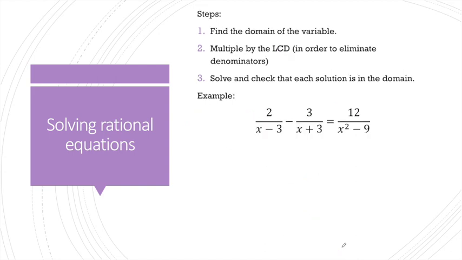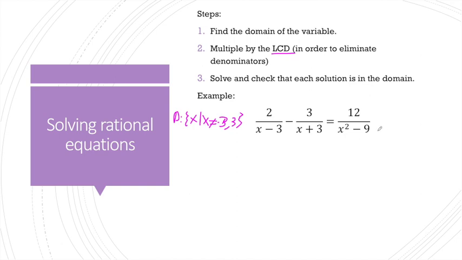Now for this next example, we had found that our domain was all x values except when x equals negative 3 or 3. I need to figure out next what the lowest common denominator is.